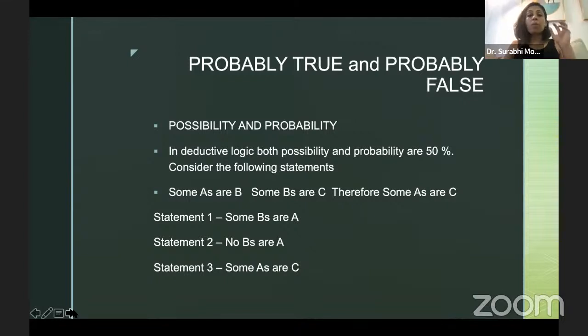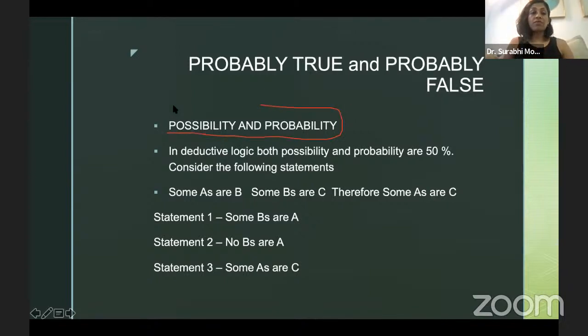Then we come to the probably true and probably false options. And here lies the crux of our discussion for today. Now, if I were to take up the next three options, which is probably true, probably false, and cannot be determined, then I would have to take you through the differences between probability and possibility.